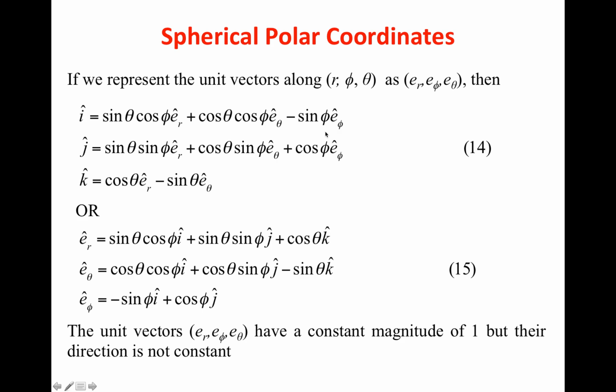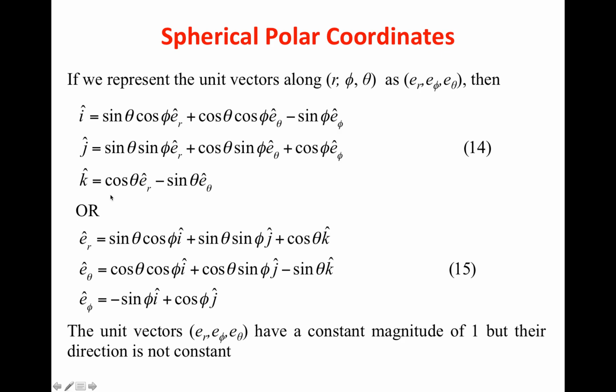And as I had mentioned before, if you write it in terms of a matrix, you will have the coefficient matrix consisting of the terms sin theta cos phi, cos theta cos phi, minus sin phi; sin theta sin phi, cos theta sin phi, cos phi; cos theta, minus sin theta, 0. Take the inverse of that matrix and you should be able to express the unit vectors in the spherical polar coordinates in terms of the unit vectors in the Cartesian coordinates.